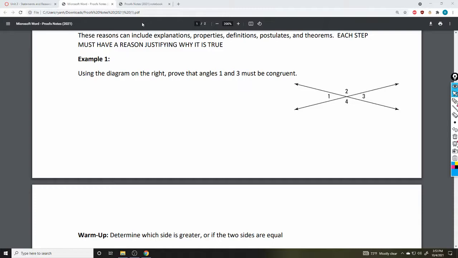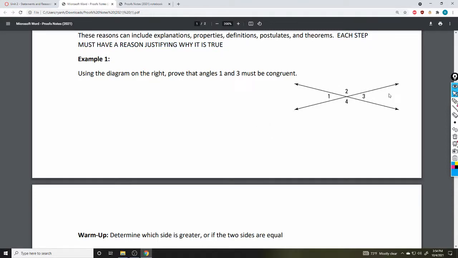We are working on a skill of being able to explain ourselves. And the main thing that I want you to notice is that each step, every time we make a statement or set up an equation or say that something is congruent or adds to a particular thing, we have a reason for each of them justifying why that has to be true. Each step has to have a reason to go along with it.